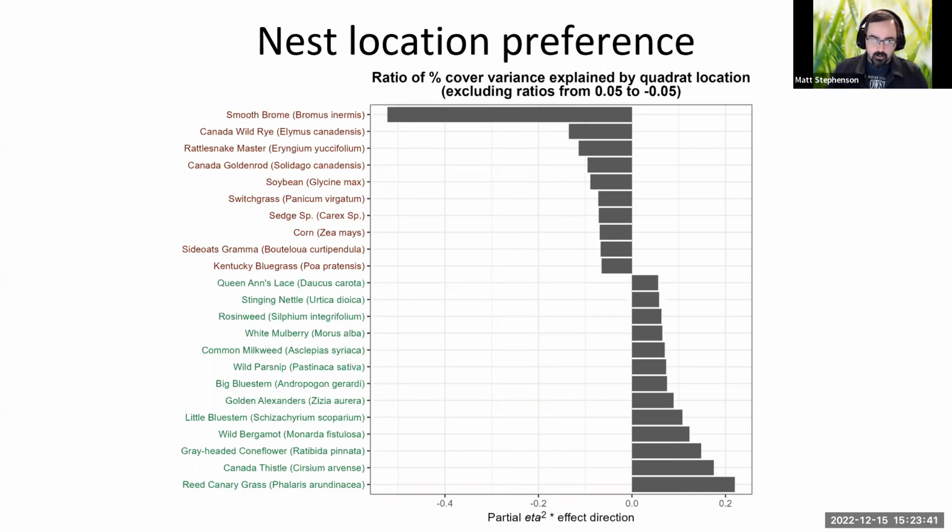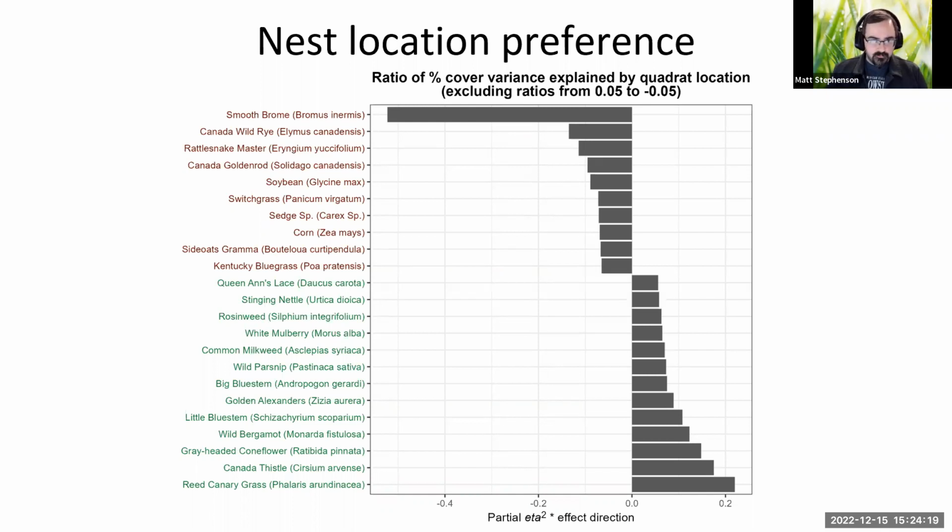On the top of the list here in red are plant species that birds tended to avoid relative to their occurrence on the landscape. And heading that list is smooth brome grass. I think probably what's going on here is that smooth brome grass is a very weak stemmed grass, which is why it's used in a lot of grass waterway situations. But that's not very useful for grassland nesting birds to either support or conceal their nests. And so although there is a lot of it on the landscape, grassland nesting birds choose to associate with other plant species.